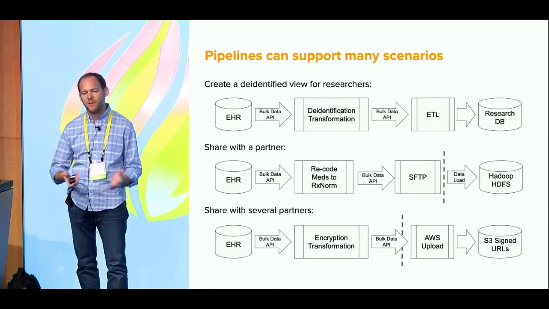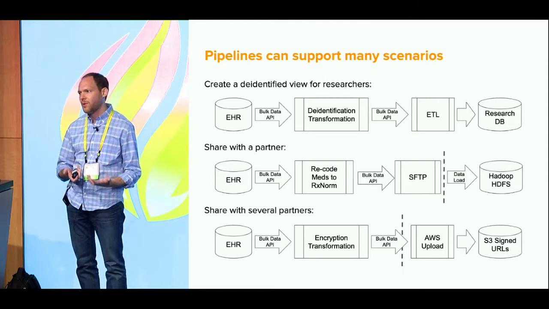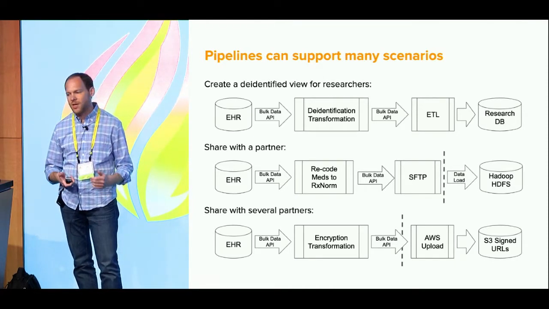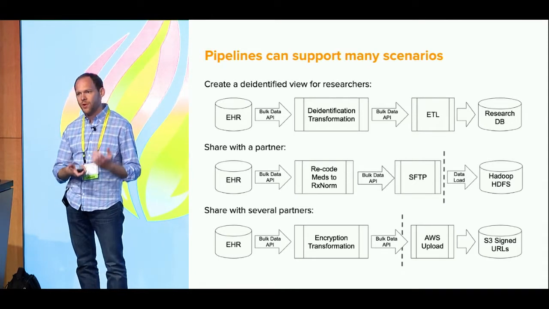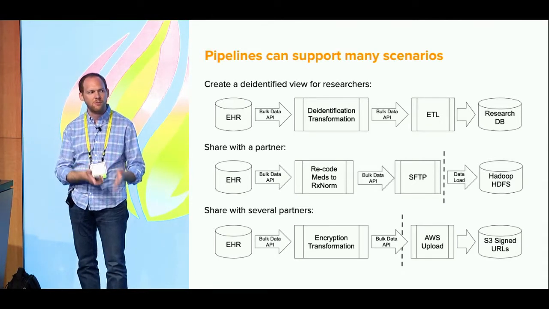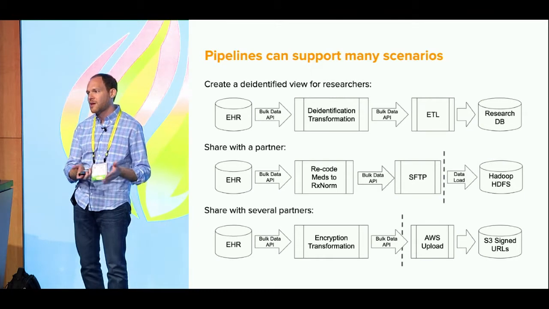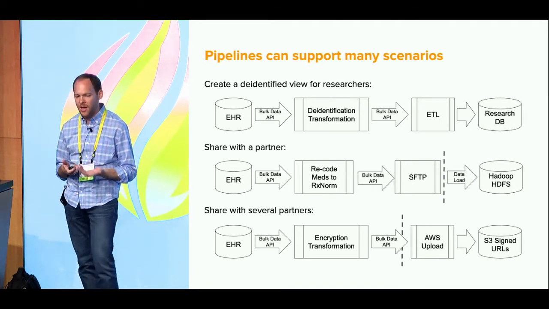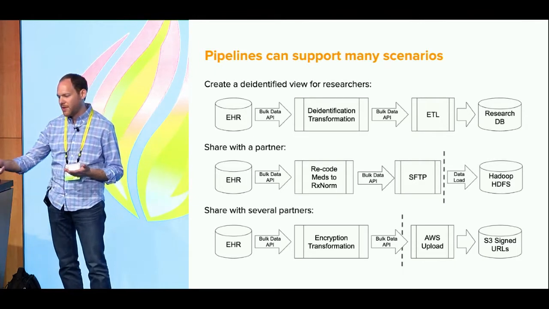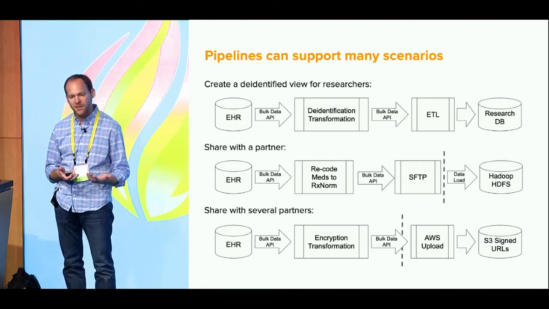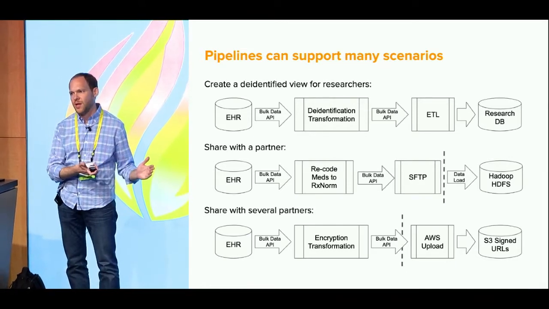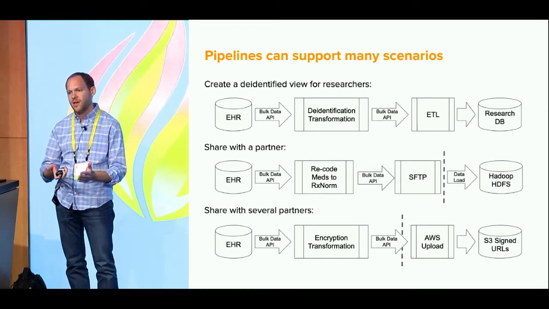And one of the neat things that comes out of this is that if you're using these standard components, you don't have to build everything into your bulk extract API. You can have modular components that handle specific pieces of your ETL pipeline and talk to each other using these APIs. So in this first example, you might have an EHR that has a bulk data export interface, and then that interface could be read by a de-identification transformation that also exposes a bulk data interface.